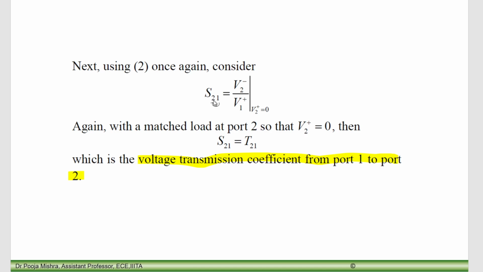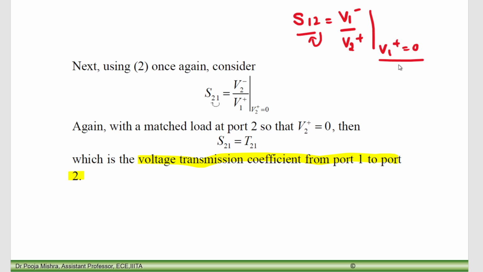Similarly, we can define other parameters like S12, which will be equal to V1 minus over V2 plus when V1 plus is equal to 0. This will be the transmission coefficient from port 2 to port 1 when V1 plus is equal to 0. What do we mean by this V1 plus?